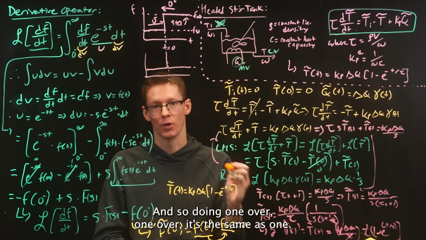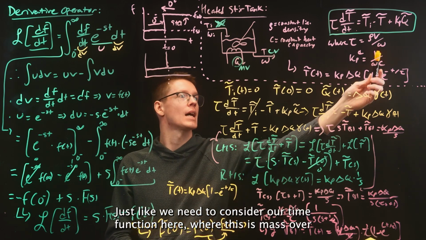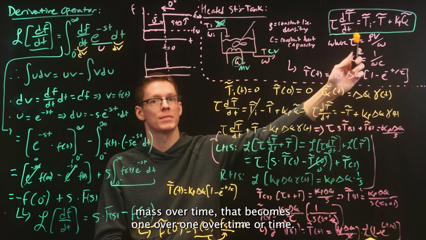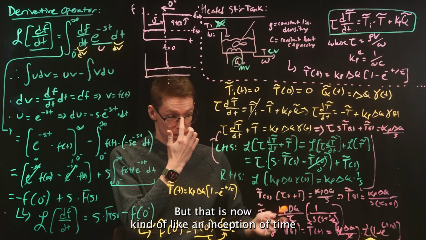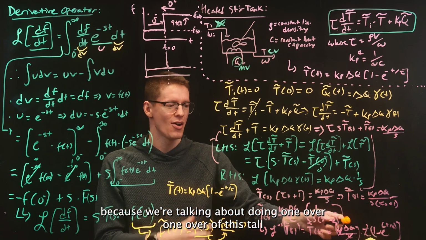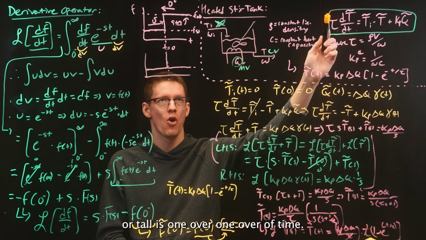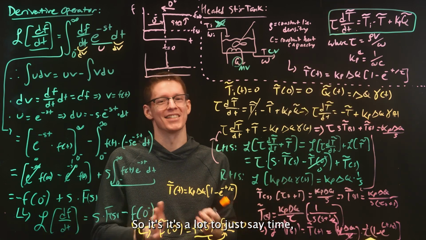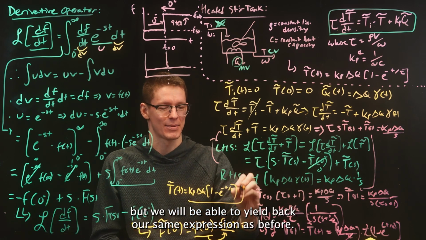Just like when we consider our time function here, where this is mass over time, that becomes 1 over time, or time. But that is now kind of like an inception of time, because we're talking about doing 1 over this tau, where tau is 1 over time. So it's a lot to just say time. But we will be able to yield back our same expression as before.